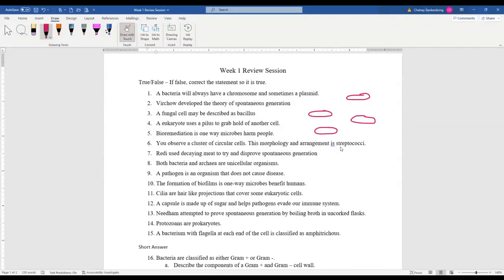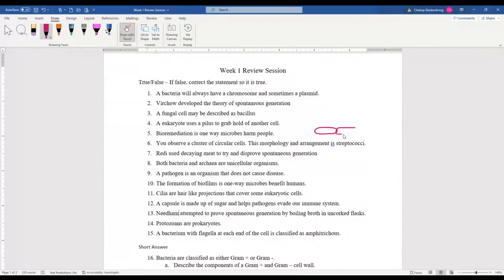So if single is the arrangement, that's the only time you will write things in two different words. Single cocci, single bacilli. Any other time, you merge them, okay? So let me emphasize that. This is like the biggest mistake I see on unknown one, and I mean overwhelmingly. So that's kind of why I'm beating it to the ground here.